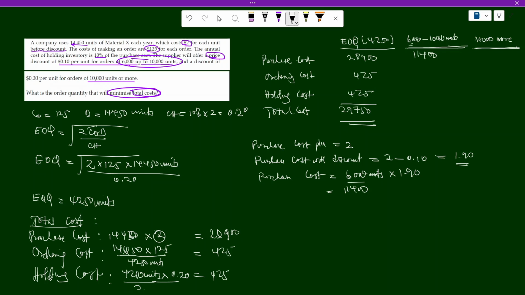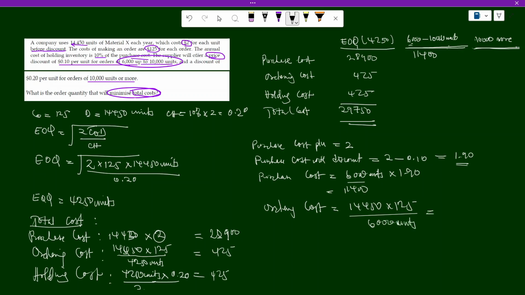Okay. So if you have gotten the purchase cost, then what will be the ordering cost? And we use the same formula here. The ordering cost will be the annual demand, which is 14450, times 125, which is the cost of order, divided by the economic order quantity. The economic order quantity used here is the assumption of the 6,000 units.